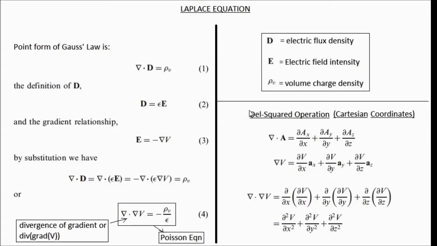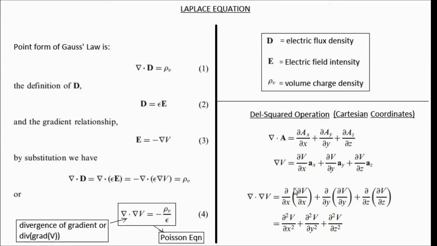Now let's look at the del squared operation in Cartesian coordinates. If A is any vector field with suitable properties, then divergence of A is this object on the right hand side. If V is a scalar function and when grad operation is applied to V, you have this vector field on the right hand side.